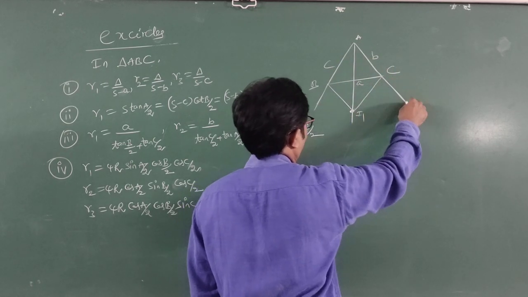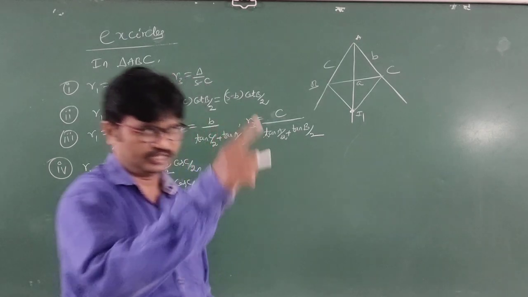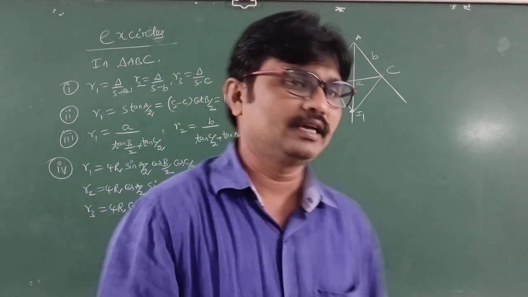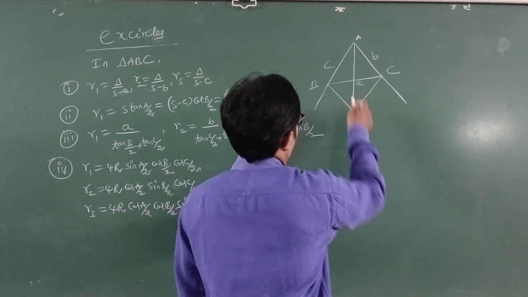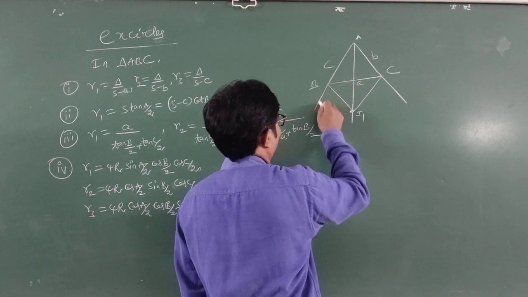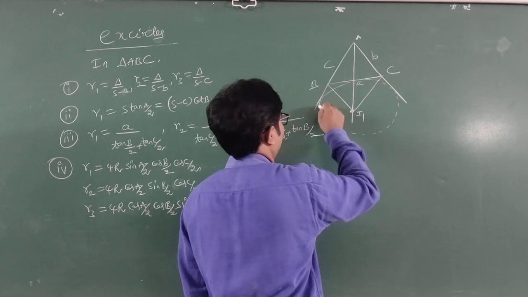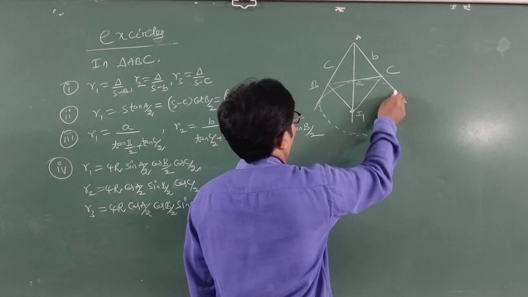So dear students, a triangle has 3 excircles. An excircle means a circle that touches the 3 sides externally.